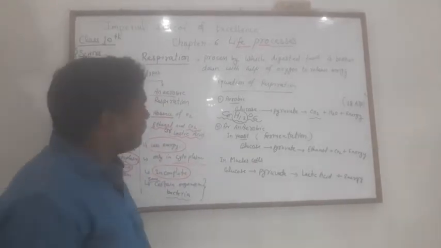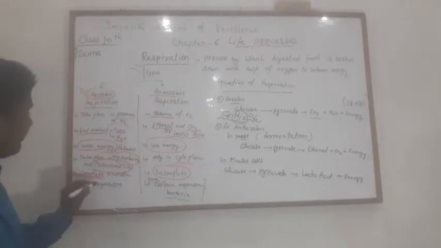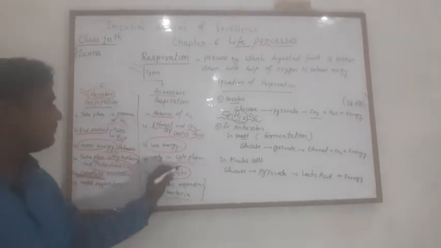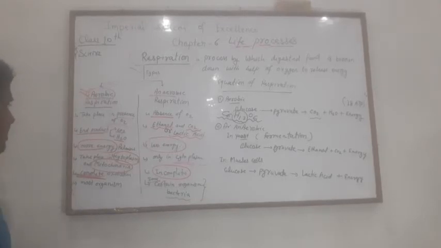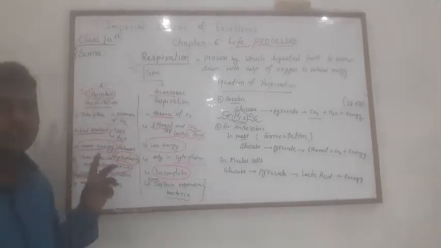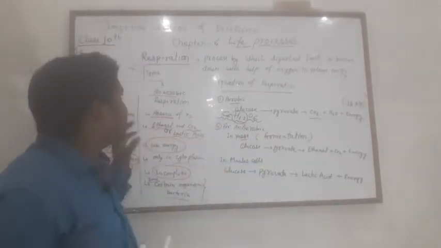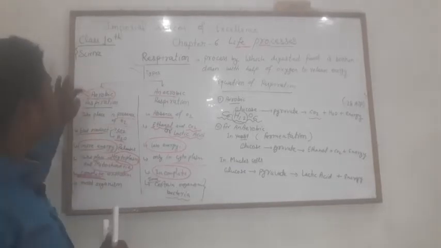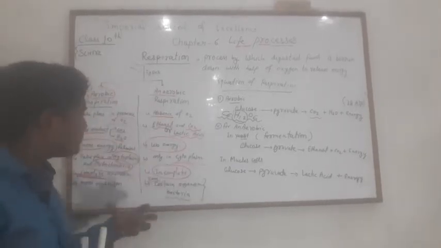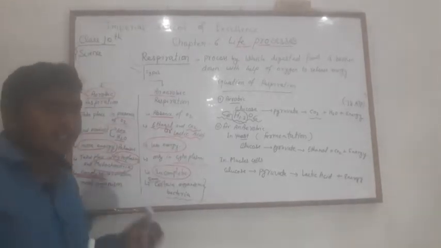Okay, if we will talk about anaerobic respiration, so complete oxidation happens here, incomplete oxidation happens. This happens in most organisms, most living things. Every living thing performs this respiration. Only some certain organisms show this anaerobic type of respiration, such as some bacteria.